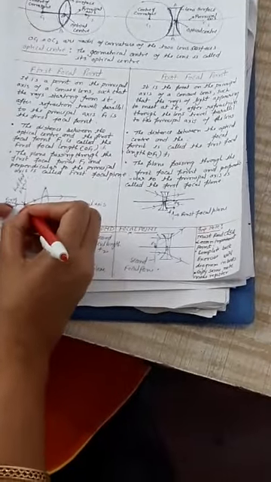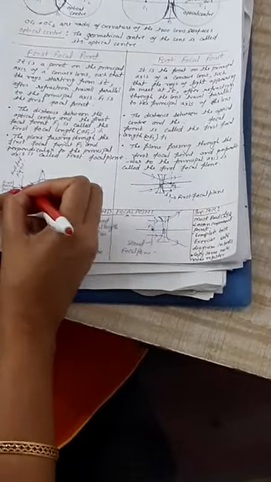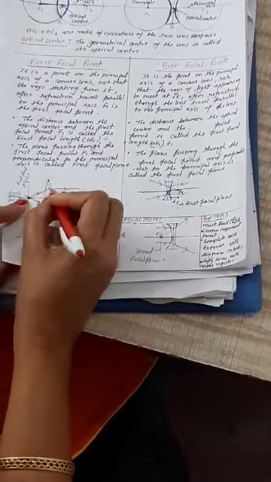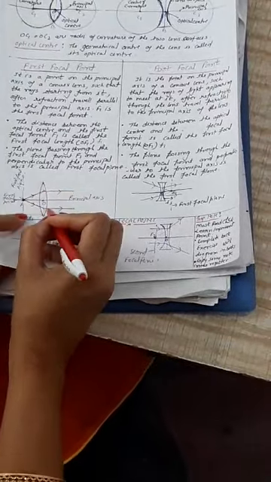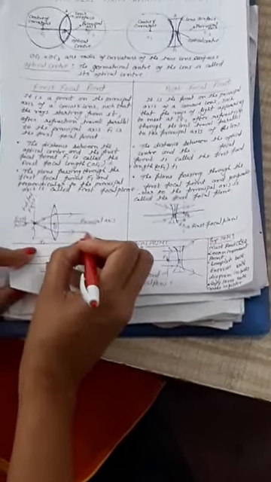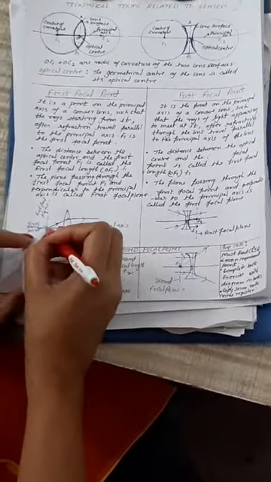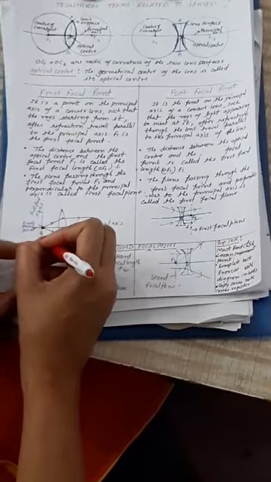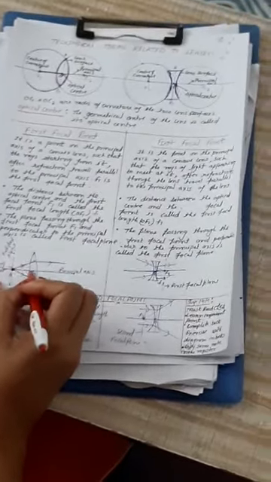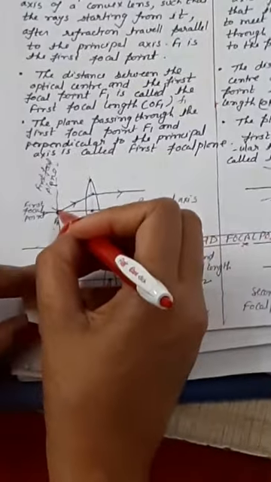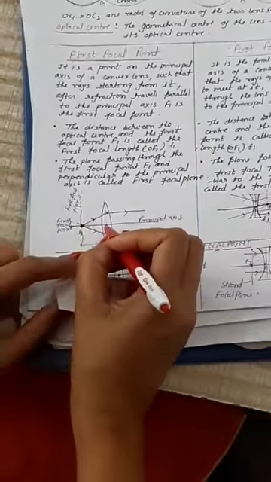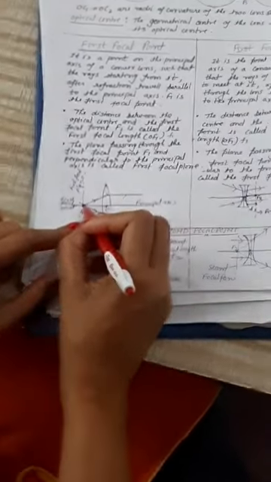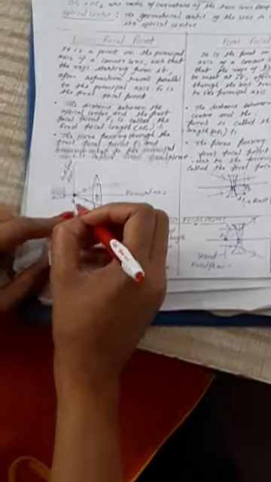A ray starting from where? From the first focal point. After refraction, it travels parallel to the principal axis. So this F1 is known as the first focal point. And the distance between optical center and first focal point is known as the focal length. So OF1 is the focal length and it is denoted by small f1.